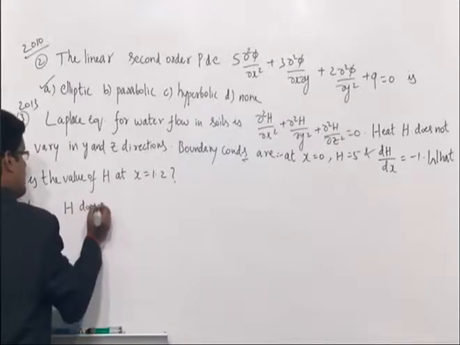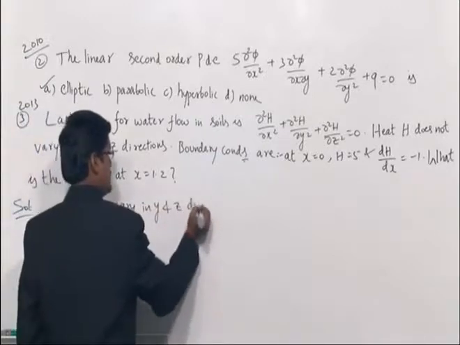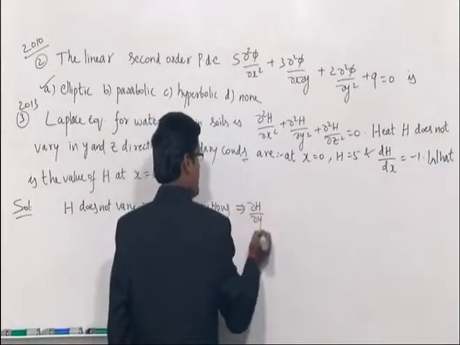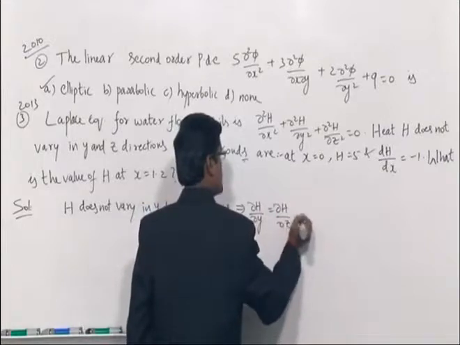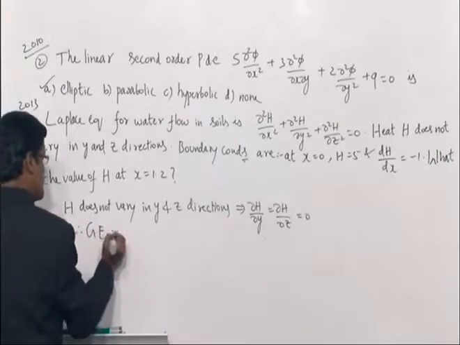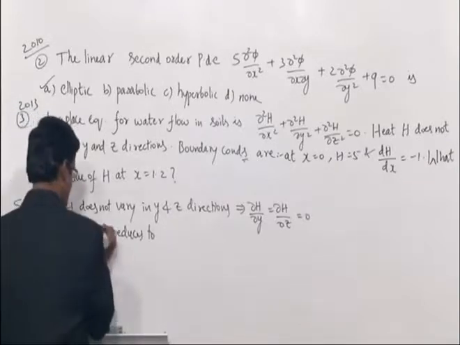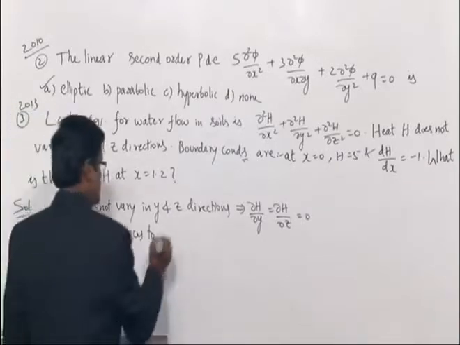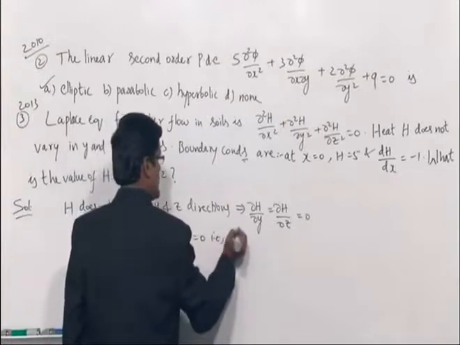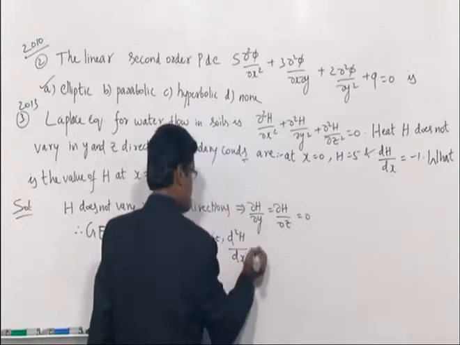h does not vary in y and z directions, which implies del h by del y and del h by del z are both equal to 0. h is constant in the y and z directions. So the given equation reduces to only del square h by del x square, because only one variable, d square h by dx square is equal to 0.